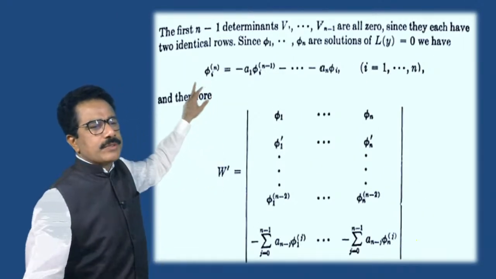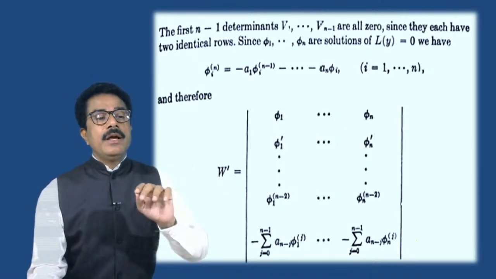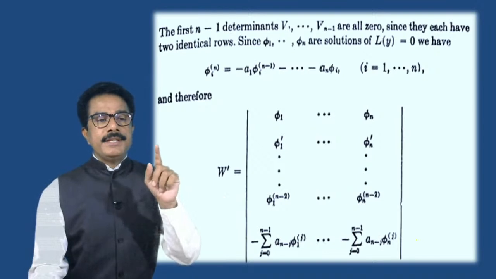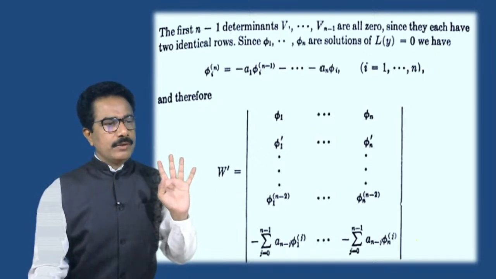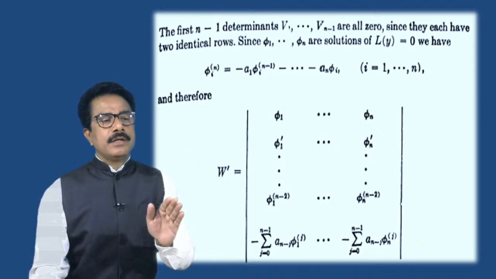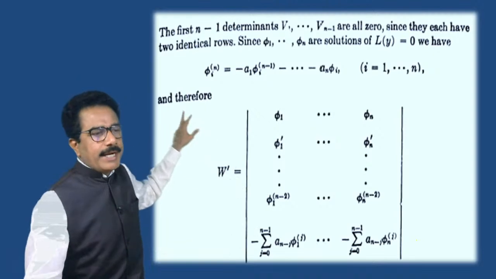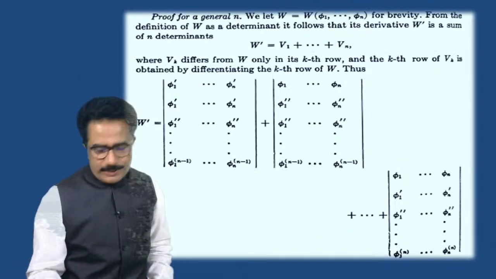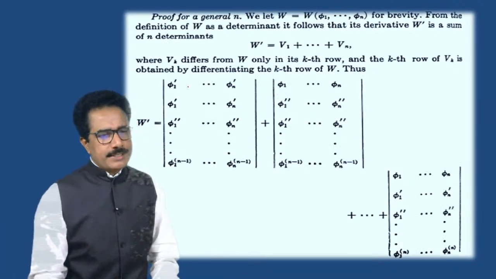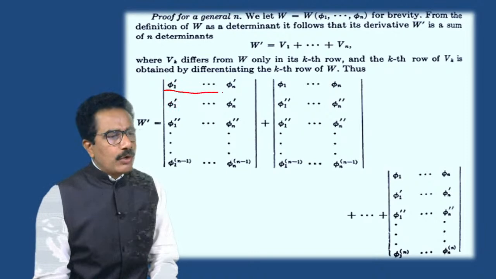So the first n minus 1 determinants V1, V2, V3, dot dot Vn are all zeros, since they each have two identical rows, since phi 1, phi 2, phi 3, dot dot dot are the solutions of L of y equals 0. Now see here, in these determinants, these two rows are the same.